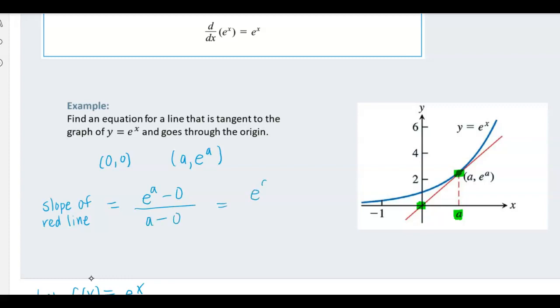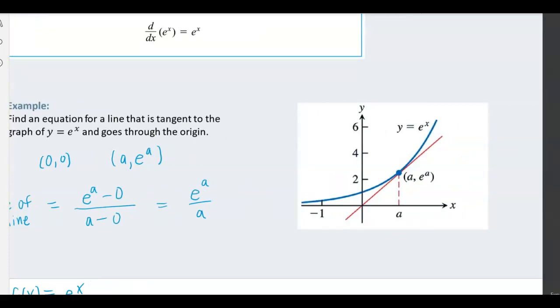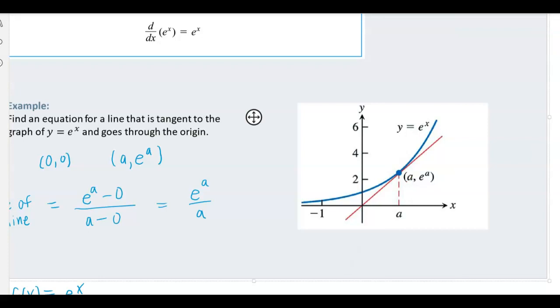So e to the a over a. We also know, just looking at the graph, that in general this equation is going to be something of the form y equals m times x plus b.